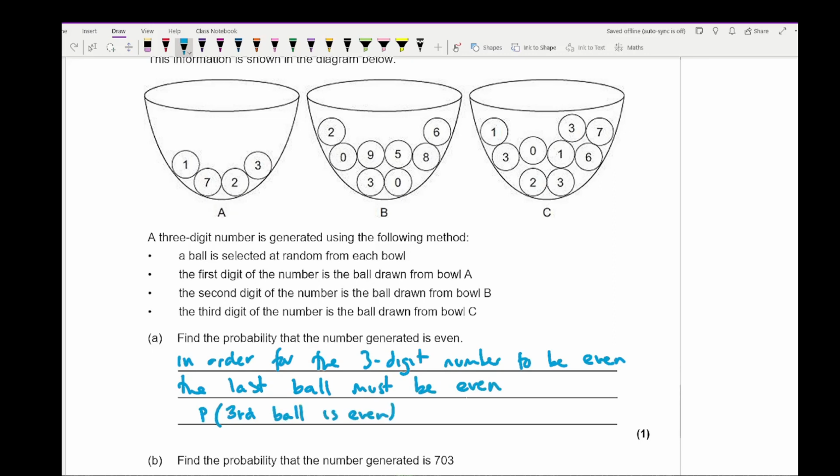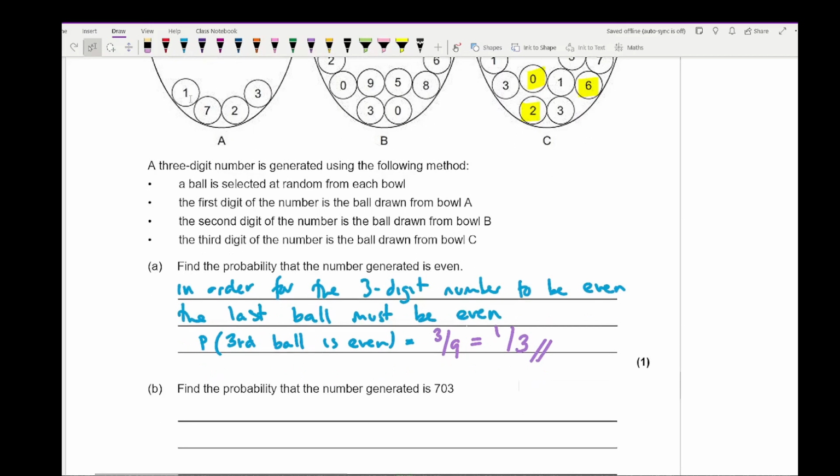Regardless of what the first 2 balls are, it doesn't really make a difference. It's all about the third one that makes the number odd or even. So for this, if we just highlight how many are even, so we've got 1, 2, and we should have another one, 0. There we go. And so here we've got 3 out of 9, which simplified gives me a third.